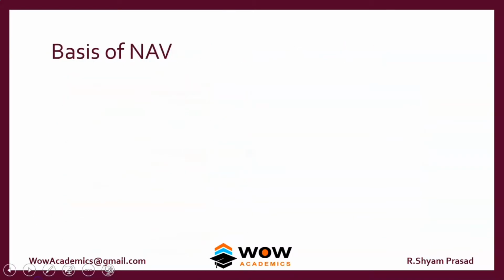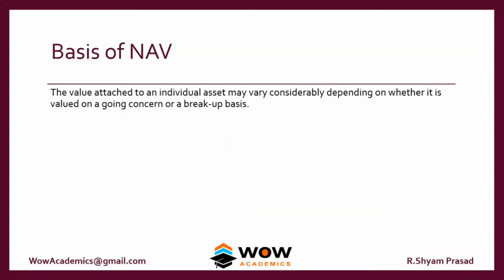So on what basis can we do asset valuation? The value attached to an individual asset may vary considerably depending on whether it is valued on a going concern or a breakup basis. So you can use this method in various ways. For example, if it's a going concern, then the value based on NAV will be different.